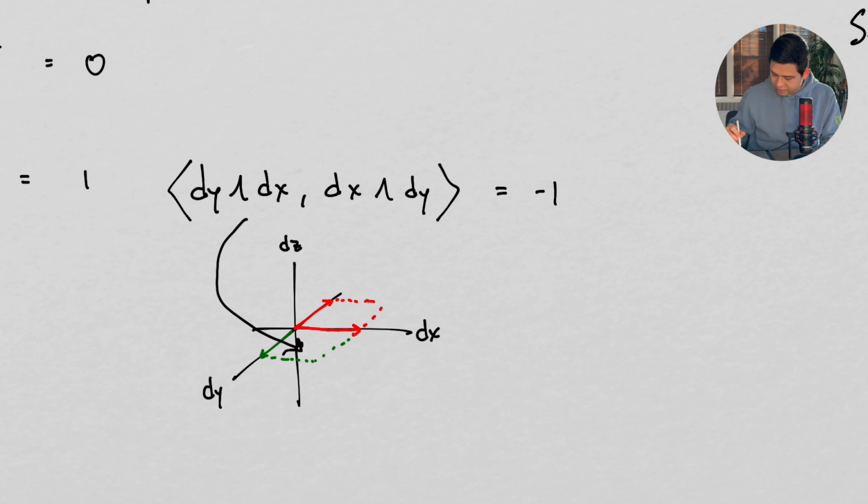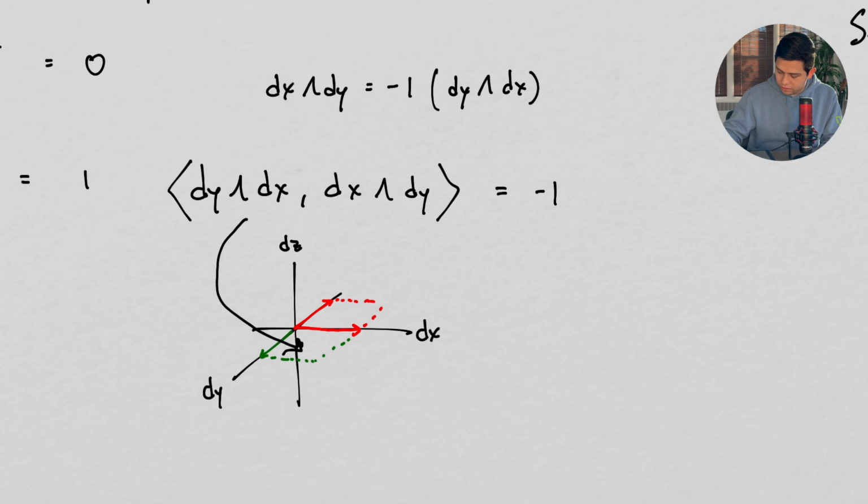And dx wedge dy is minus 1 times dy wedge dx, because when we bring that over, we pick up a factor of minus 1 because of the anti-symmetry.